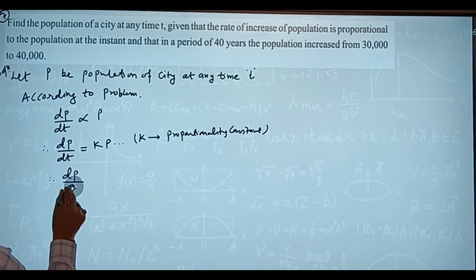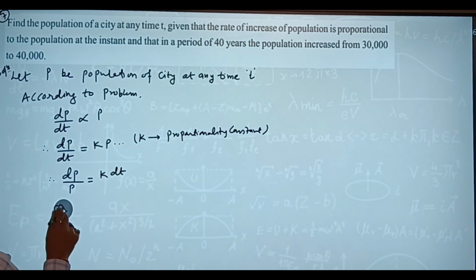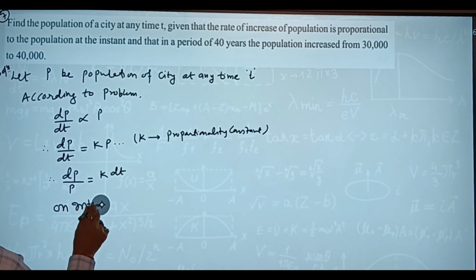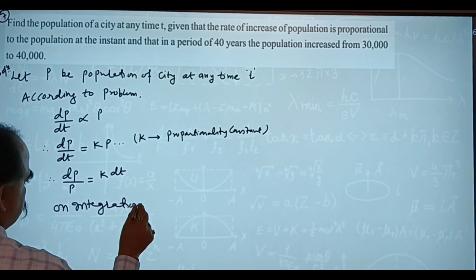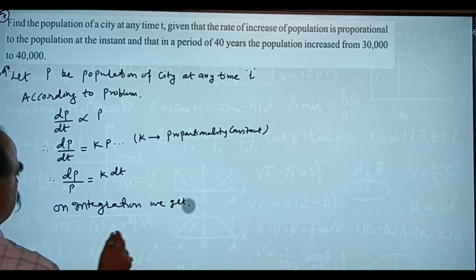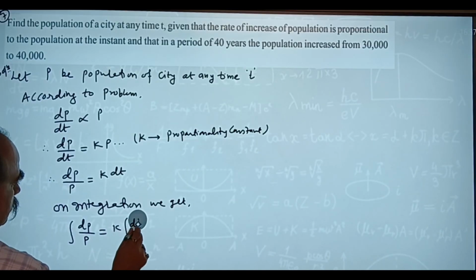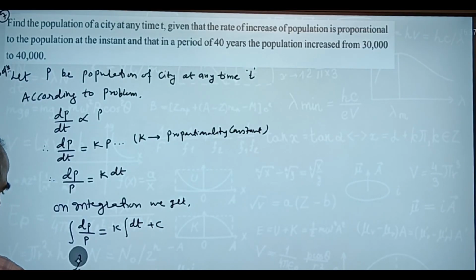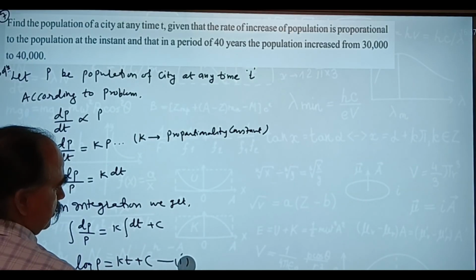So dP upon P is what? K dt. On integration, log P is equal to kt plus c. Equation number 1.